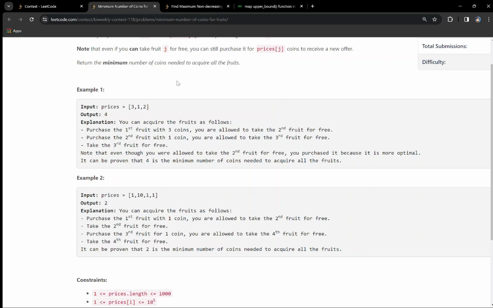So maxi is minimum of, if we purchase it.